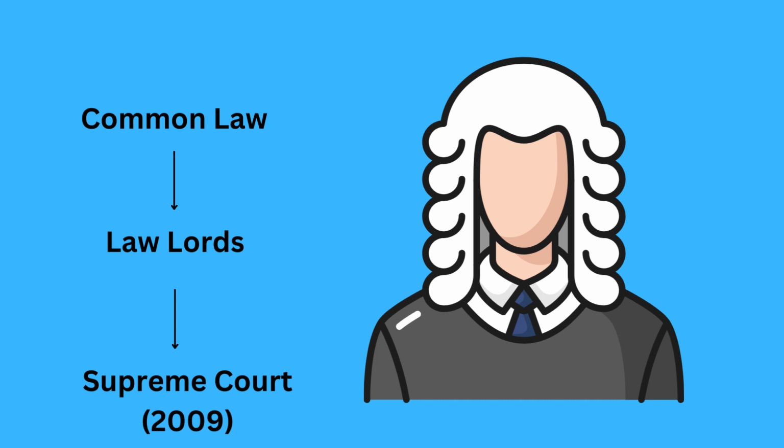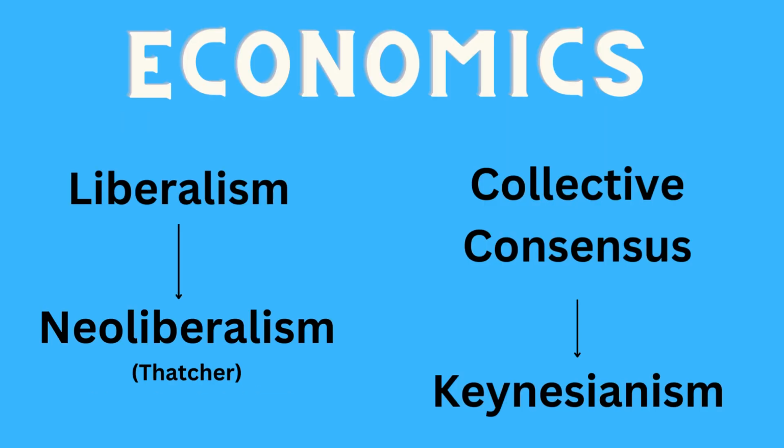It is there to be the last avenue for appeal. Now, talking about economics for another moment, we have two sort of competing ideologies here. We have liberalism. Liberalism has been the foundation of Great Britain's economy traditionally.